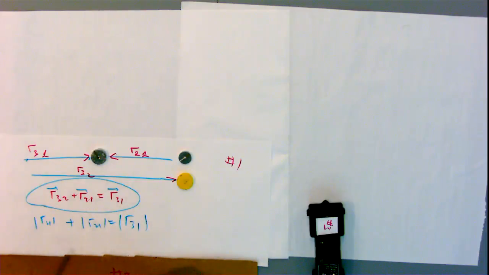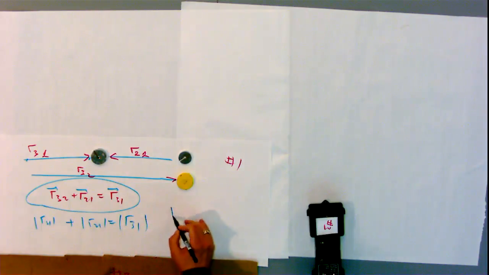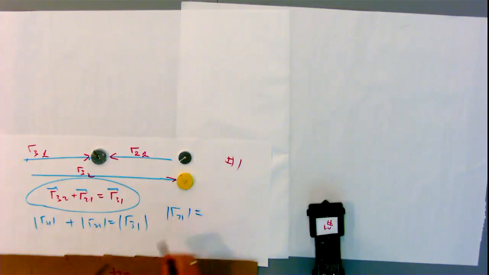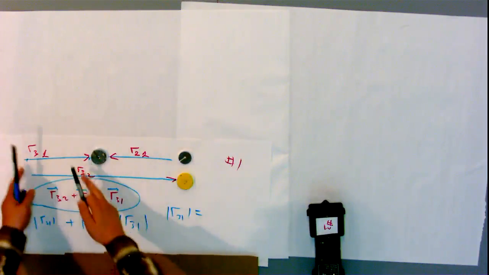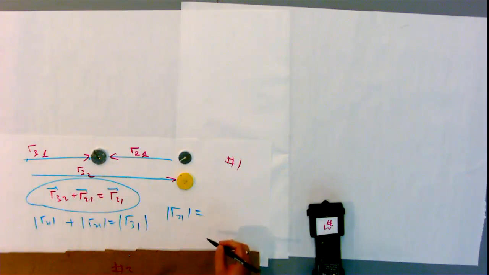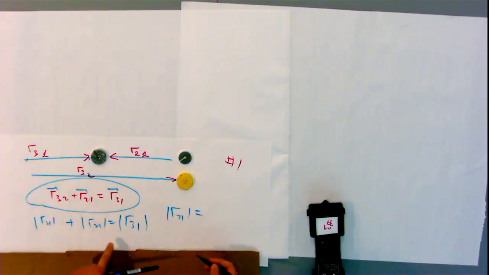Magnitudes, absolute value, length. So if I want to calculate the magnitude of this final displacement of the third object relative to the ground, that actually will be the difference, because I have to take this and subtract this to get this magnitude. Or I can solve this equation.